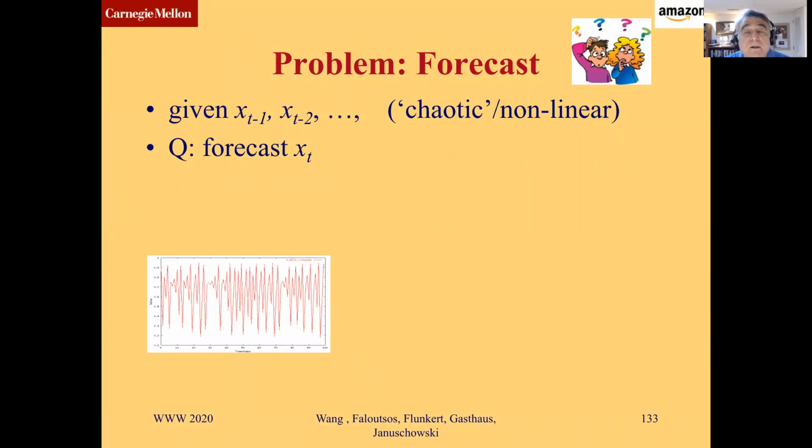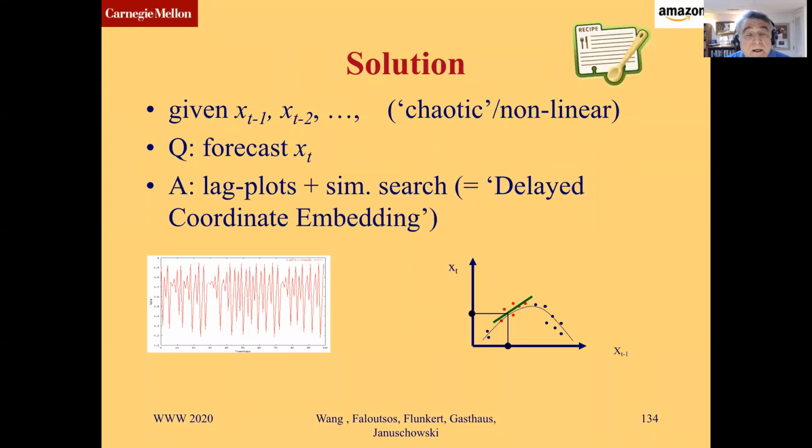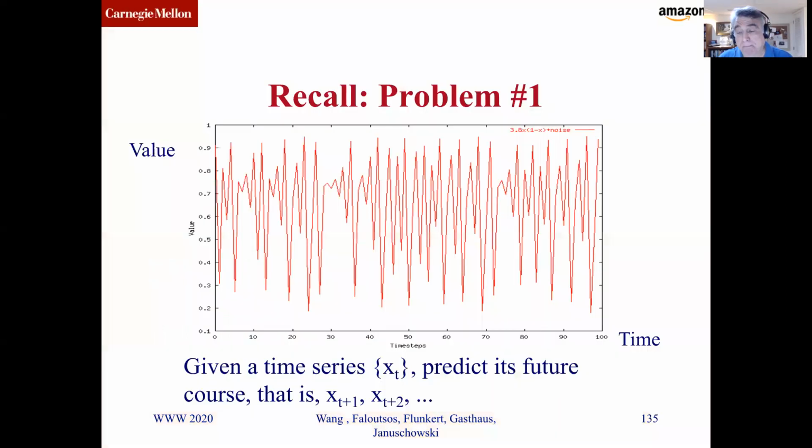This is chaotic or coming from a nonlinear difference or differential equation. In that case, linear methods will not work, but the method that gives good results is the so-called delayed coordinate embedding method, which uses lag plots and then similarity search, which is the reason we spent so much time on similarity search in the beginning.